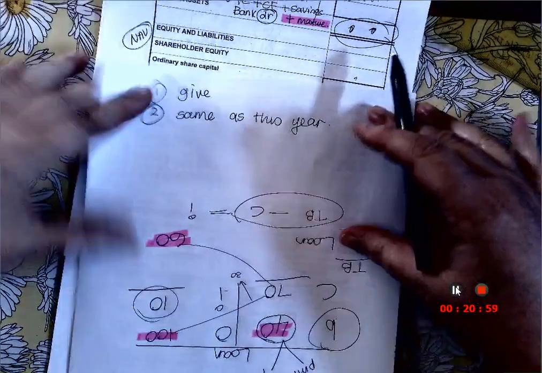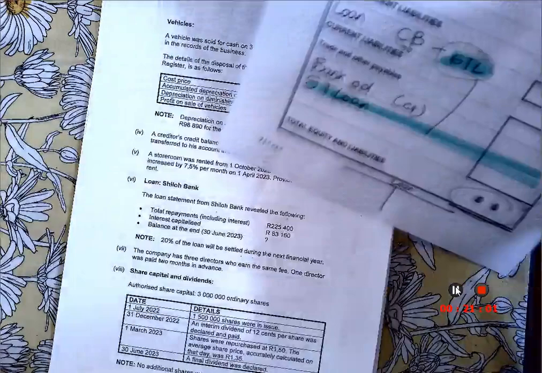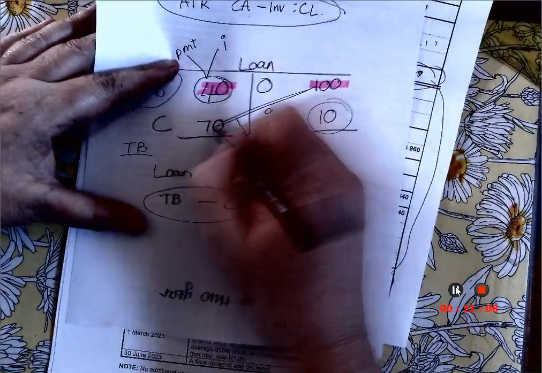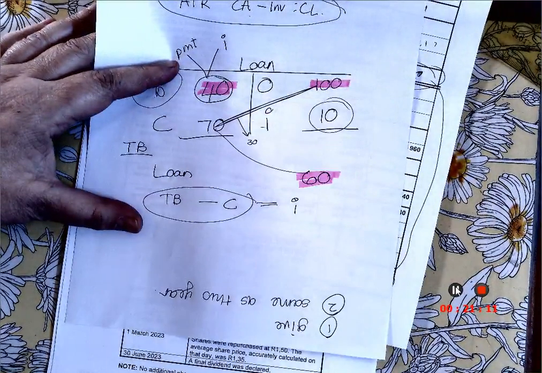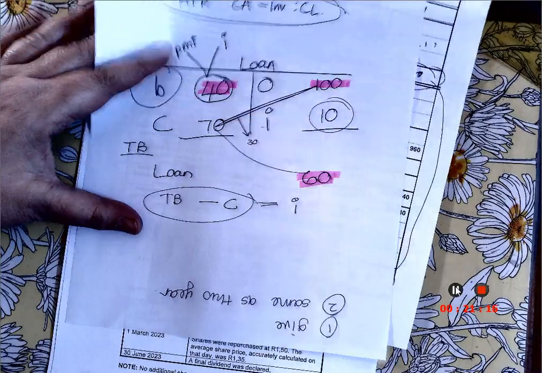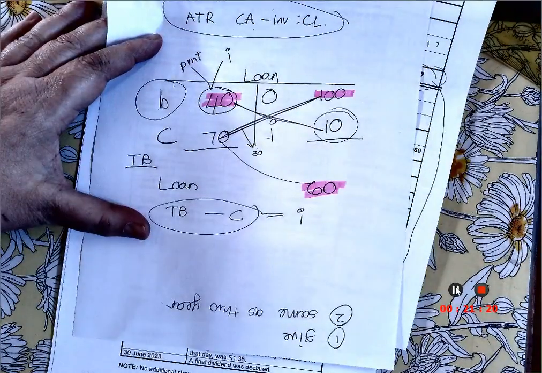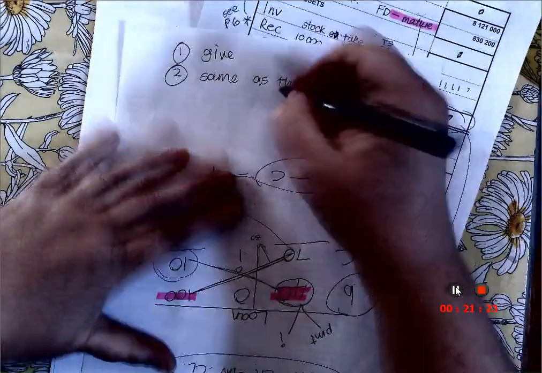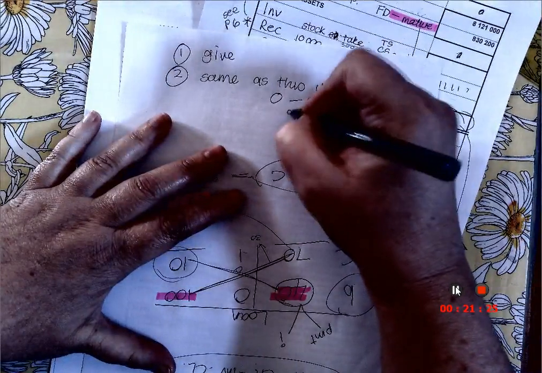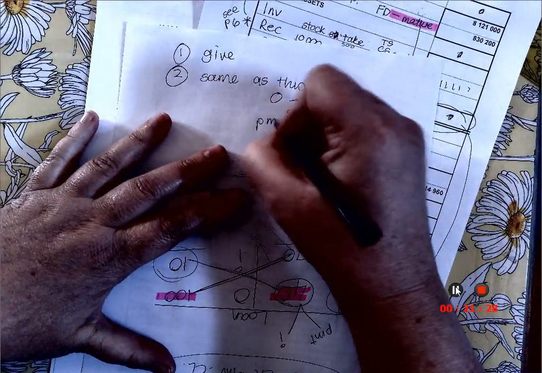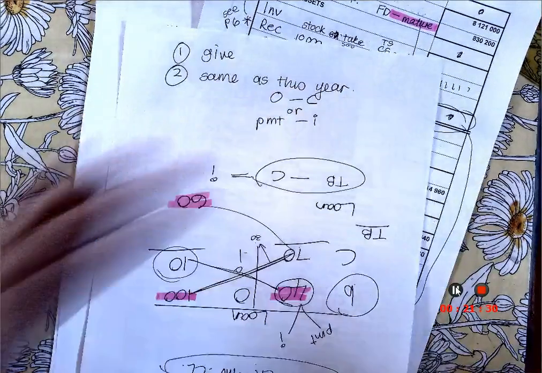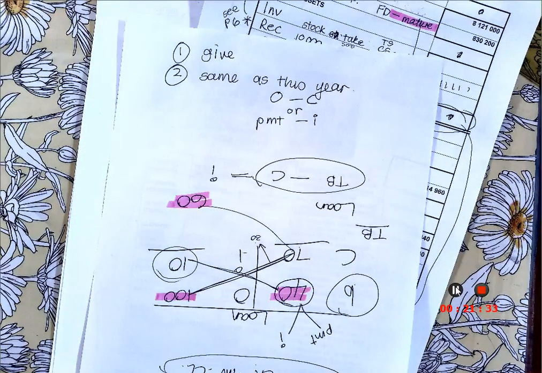Now, where did I put that? Oh, this side. It's the difference between the opening and the closing. It's 30, right? Or it's the difference between the bank and the interest. Can you see that also gives me 30? So it's the opening less the closing, or it's the payments less the interest, because then I'm left with the part I paid back on the loan. Okay?